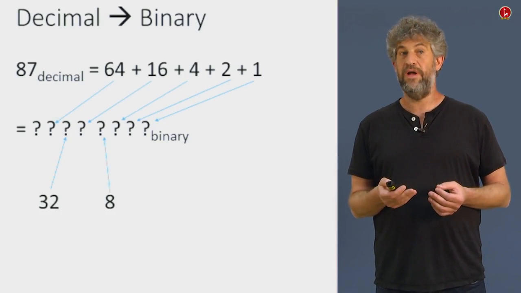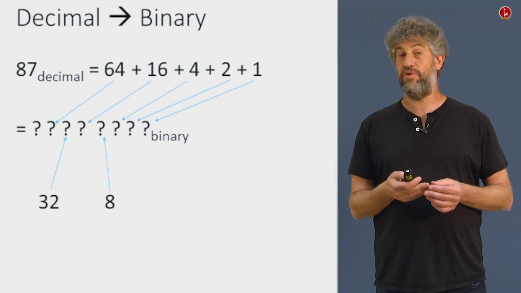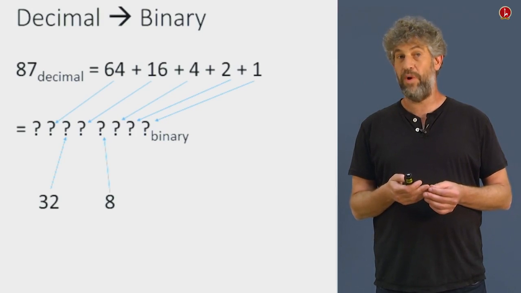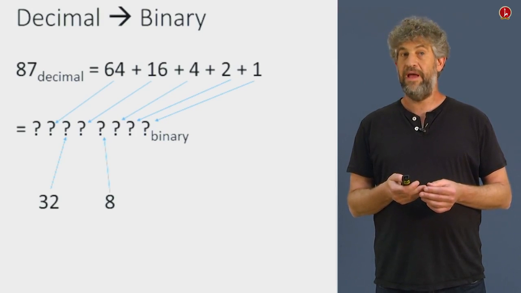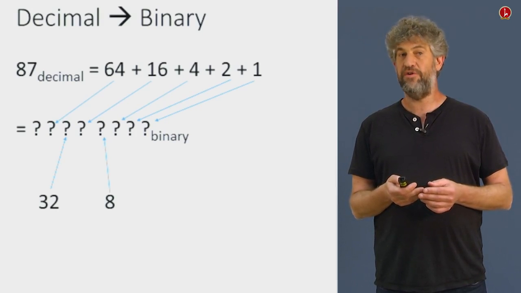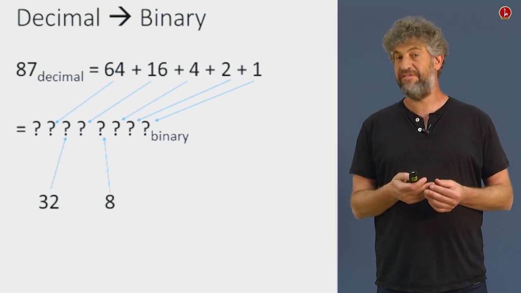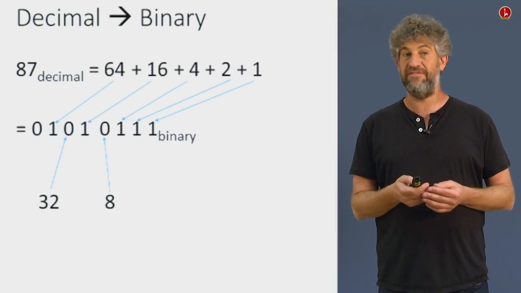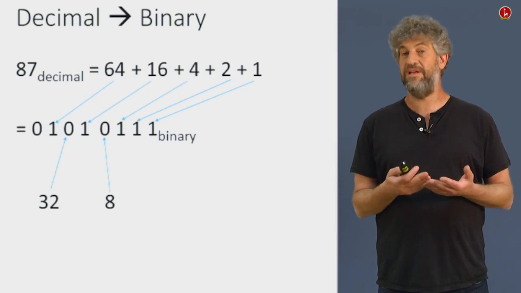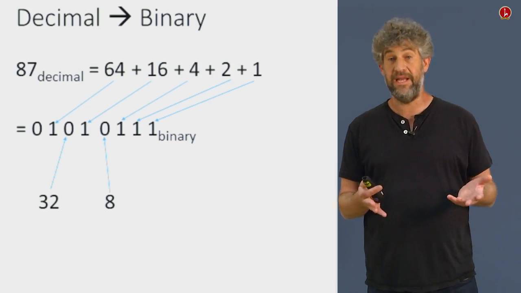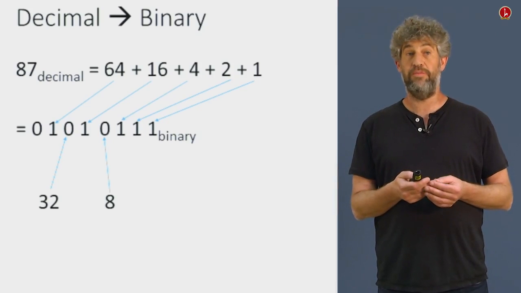So for example, look at the rightmost bit. That corresponds to the 1s. We do have a 1, so that's going to be a 1. On the other hand, if you look at the third bit from the right, which corresponds to the 8s, since we don't have 8 in our sum here, we're going to have 0 there. And that's basically a general way how you can take any number and convert it to binary.